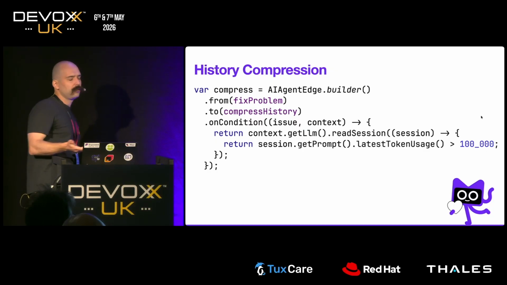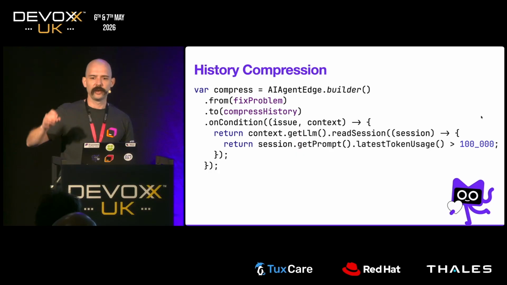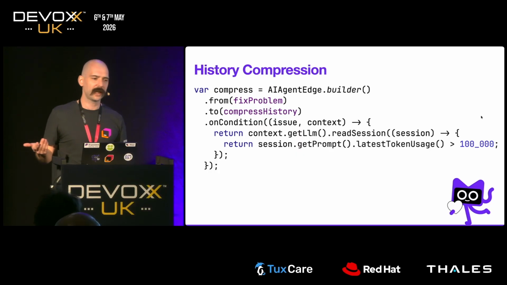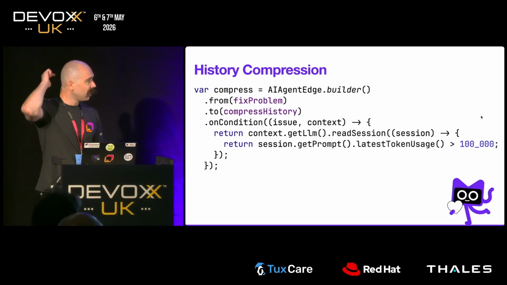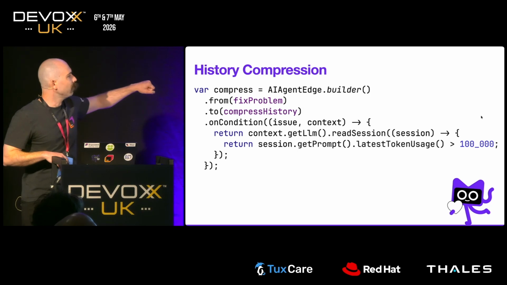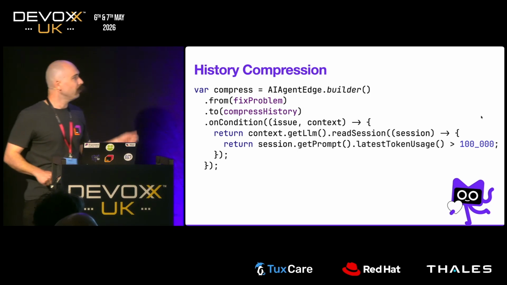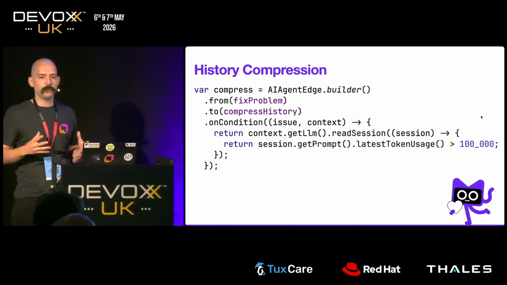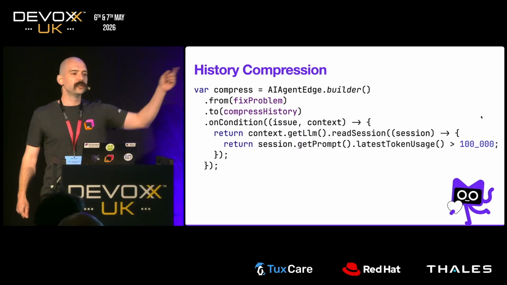But typically, you don't want a specific place in your graph to always compress history, right? So it's quite common that we want to attach a condition to this. Here we are getting the LLM, which is the underlying machinery of Koog. We are reading the current session where we are executing from, and then we're checking the latest usage of the tokens.